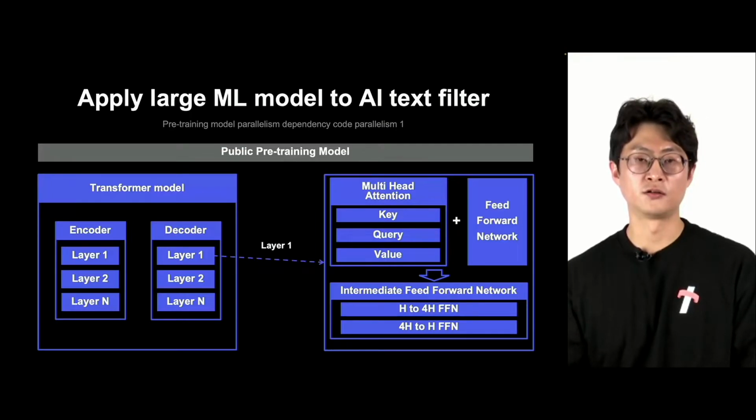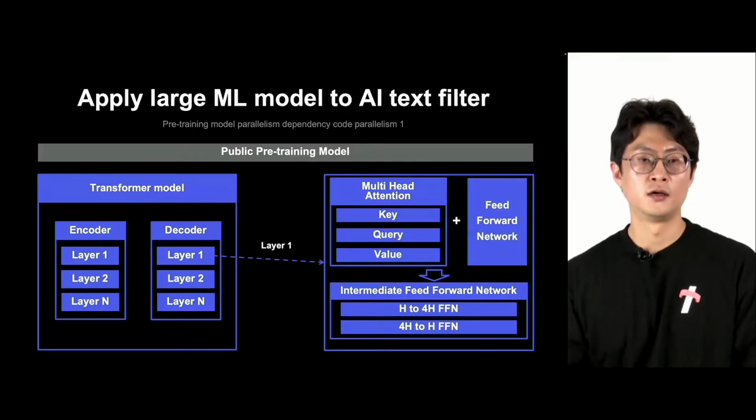The first was the multi-head attention key, query, and value; secondly, the feed-forward network that calculates the multi-head attention output; and lastly, the intermediate feed-forward network that produces the final output. And the logic of these three layers was parallelized.